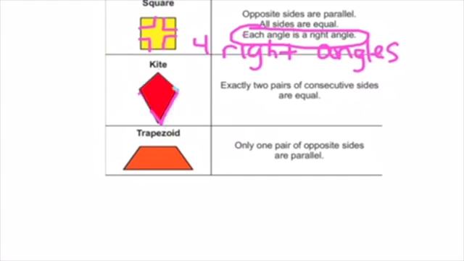So let's see about the angles. I see one acute angle in our kite, and then I see a right angle at the top. Isn't that interesting? That would be a right angle. So I see one right angle.